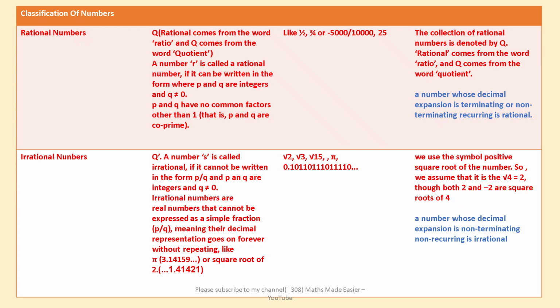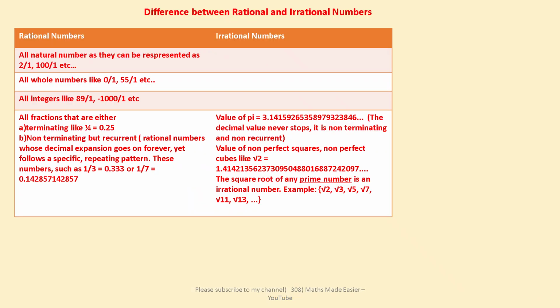On the other hand, when the decimal expansion does not terminate and does not recur, it is called an irrational number. We can further look into the details of each one of these with further examples.